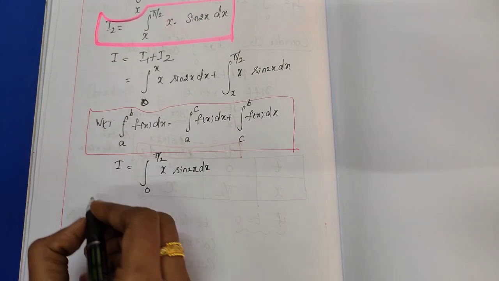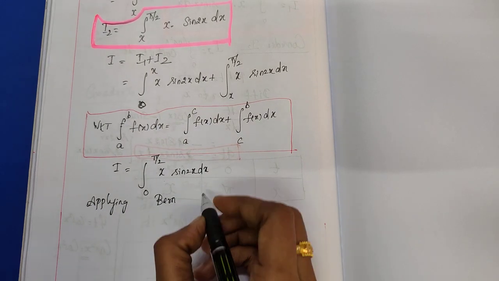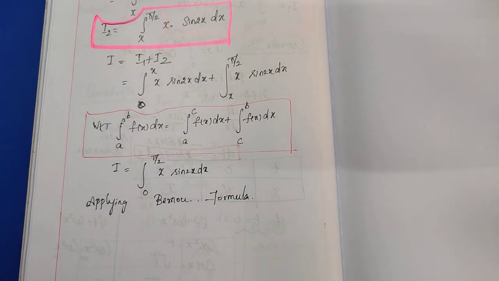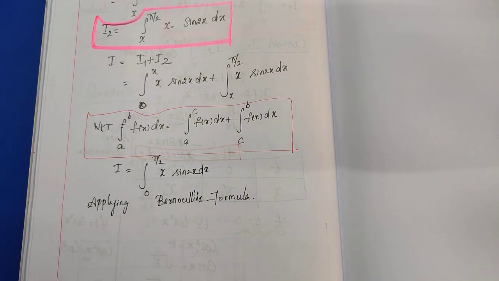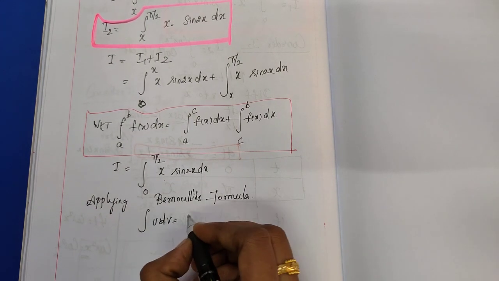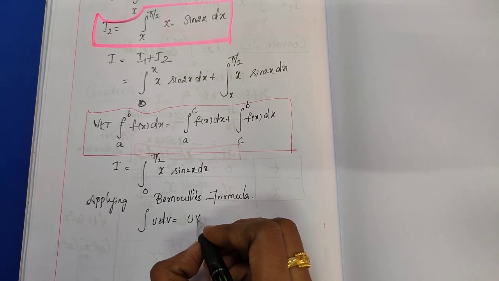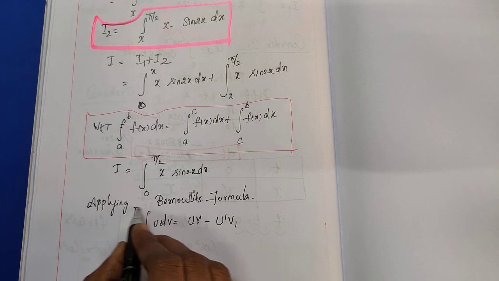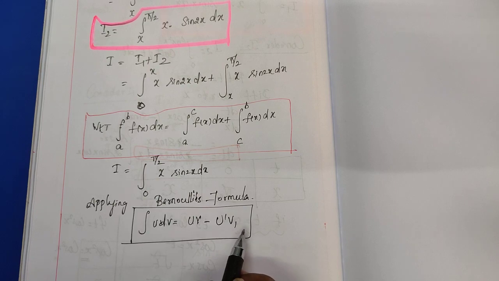Now apply the Bernoulli formula here. The formula is the integral of u dv is equal to uv minus u dash v1.